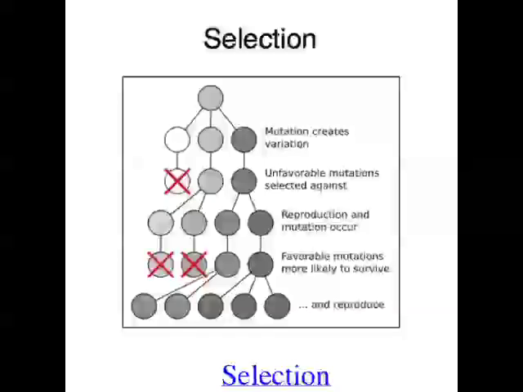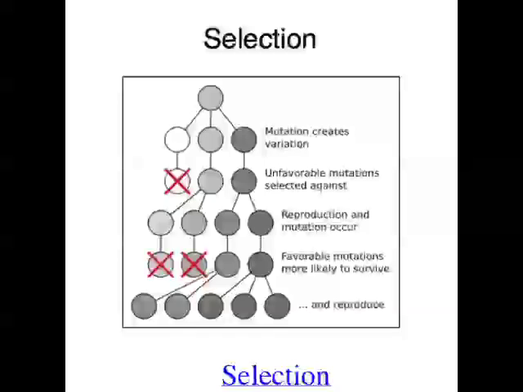So where there's malaria in the world, there are higher rates of sickle cell anemia, because people heterozygous for sickle cell anemia don't catch malaria. So they're selected for. They don't die from malaria, but they don't die from sickle cell anemia. So their genes are selected for, and they reproduce more. They're more biologically fit, and more of their alleles are passed on to the next generation. So that's selection.